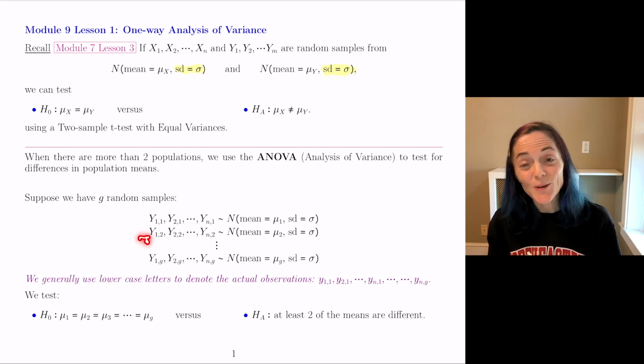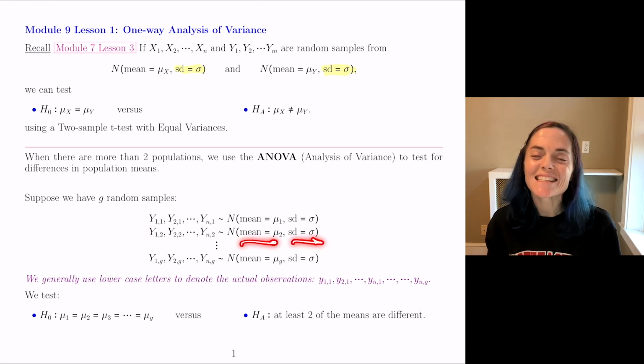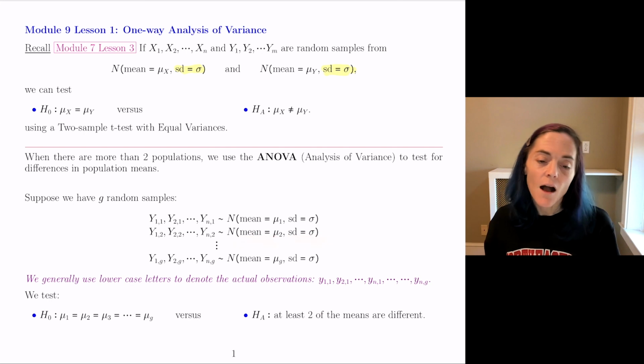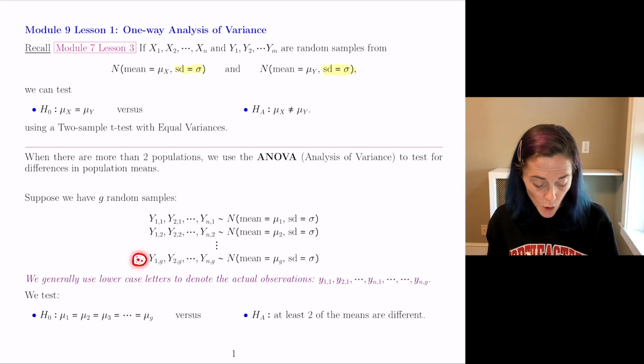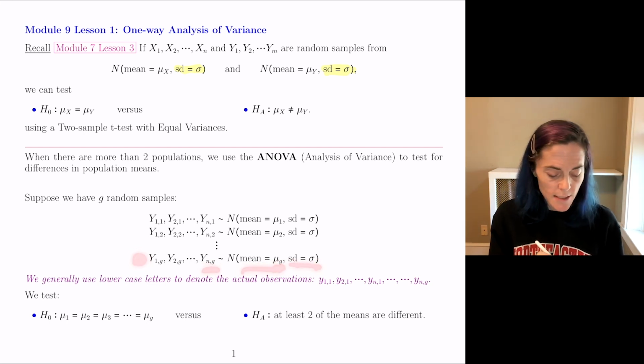Random sample 2 is of size n, normal distribution, mean mu2, standard deviation sigma, all the way out to random sample G, size n, from a normal distribution, mean mu G, and standard deviation sigma.